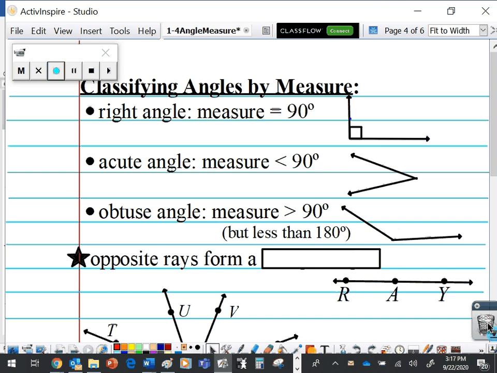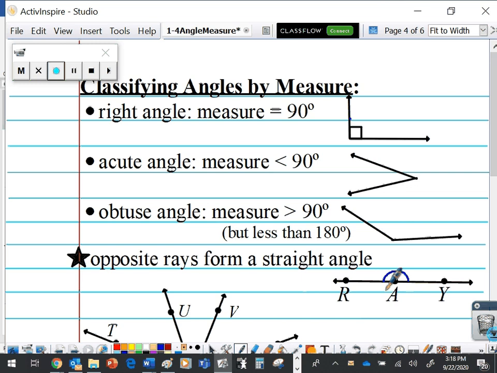One more that we want to talk about is if you have opposite rays. Now, in the last video, we briefly mentioned opposite rays. Opposite rays share a common endpoint and form a straight line. But they also form what's called a straight angle. So we could look at this line and treat A as a vertex and say that this is an angle.